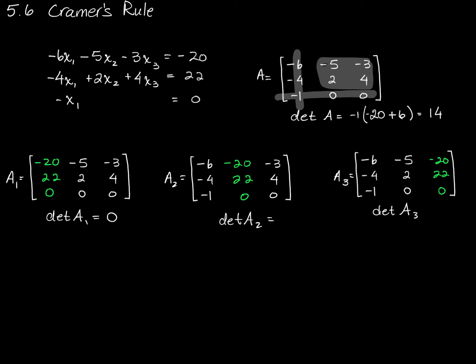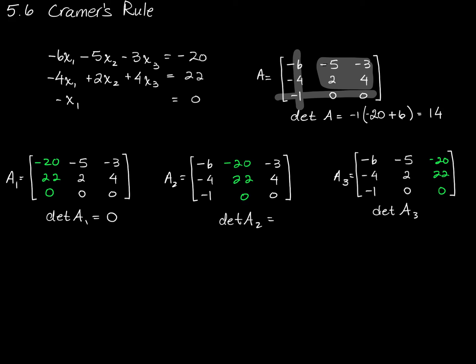Now, if you don't remember that property, there was a list of properties of the determinant a few videos ago, a couple of sections ago. But even if you don't remember that, it should be fairly easy to come to that conclusion, because you're going to pick the row or column that gives you the least amount of work, and this one here is all zeros.